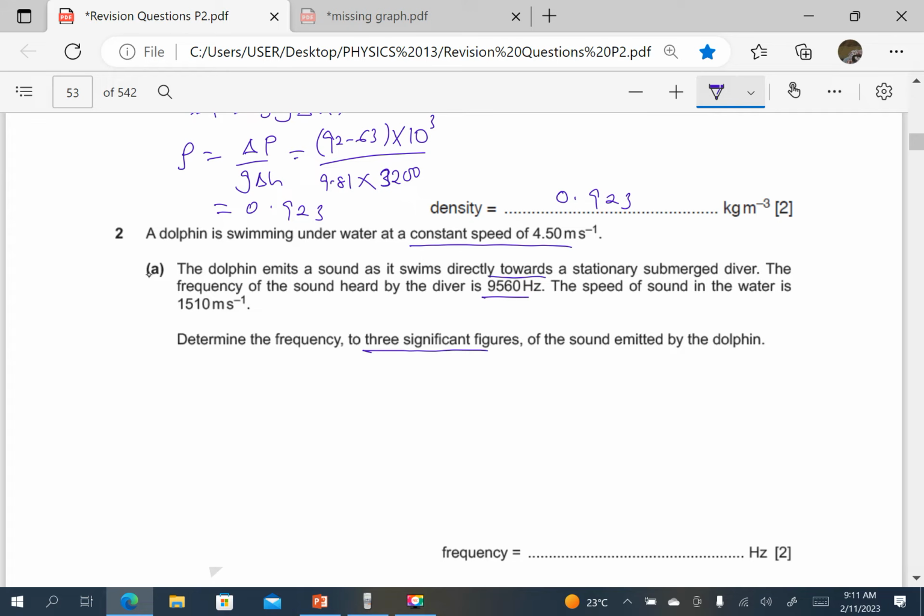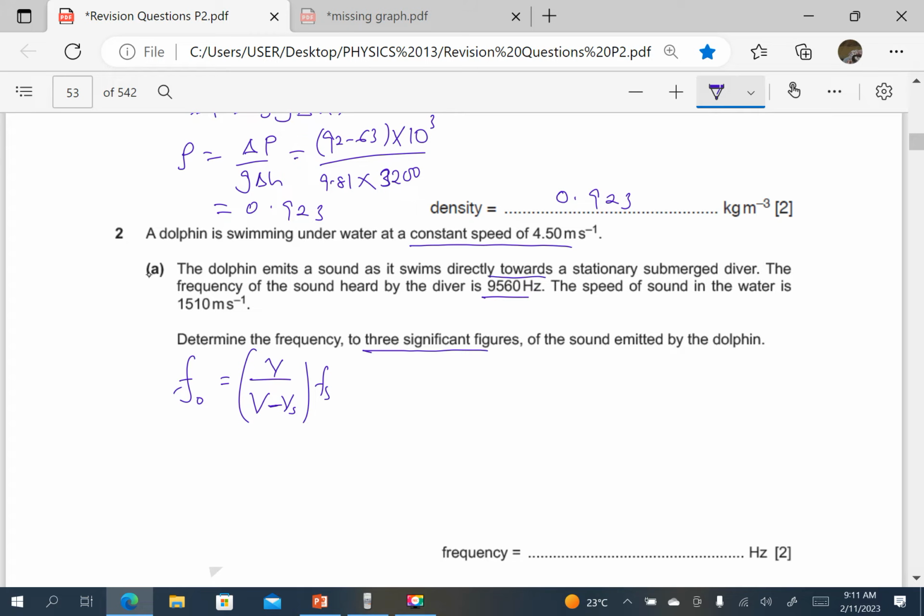Because it is towards, the observed frequency is higher, so f is going to be equal to v over v minus, because the observed frequency is higher, we subtract the speed of the source, then times fs. If it was away, we would add, we would say v over v plus.